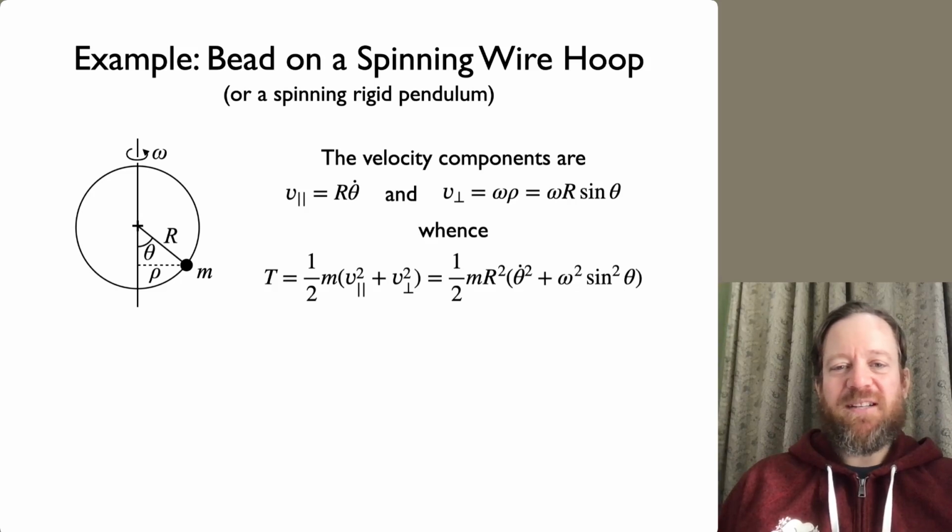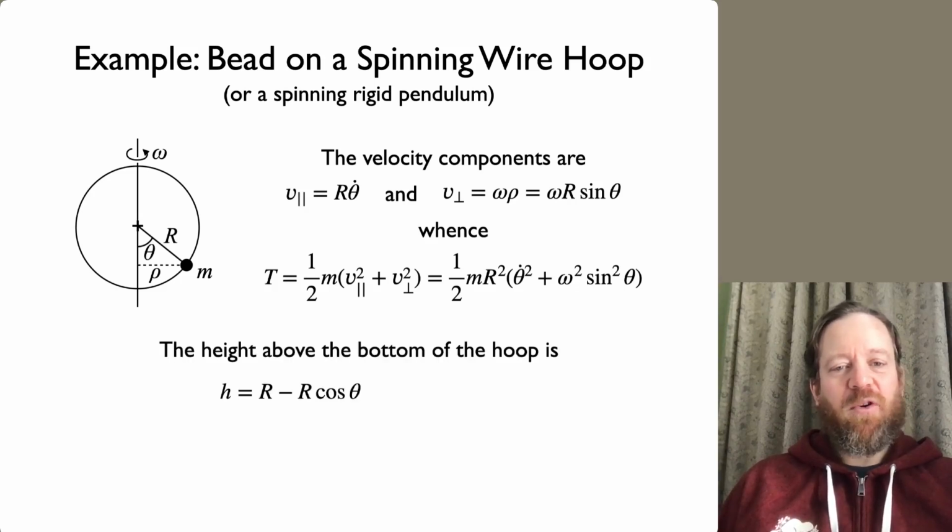We can also write down the potential energy for our mass m. We're going to do that by first writing down the height of our mass m from the bottom of the hoop. It's just going to be the full radius r subtracting this side of the triangle. In other words, subtracting r, the hypotenuse, times the cosine of theta.